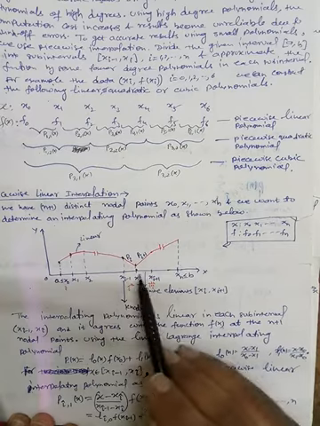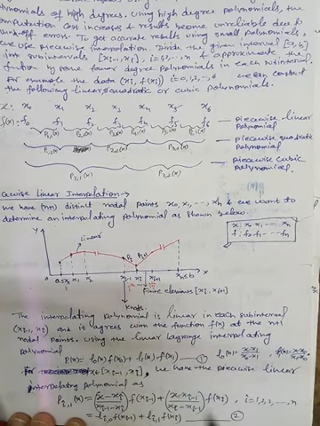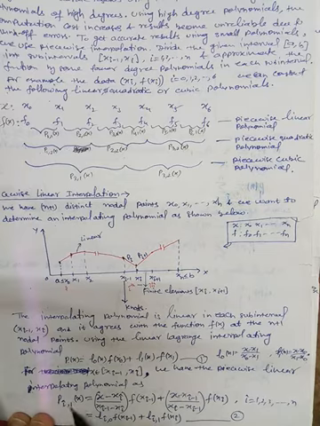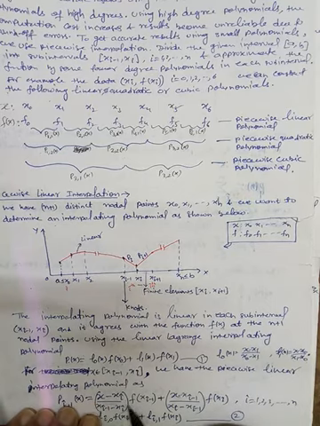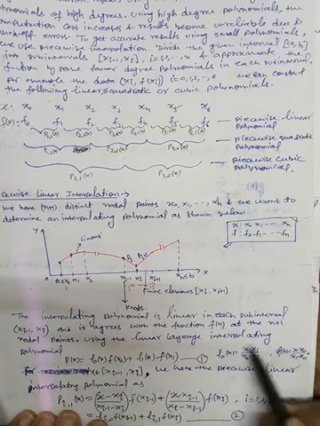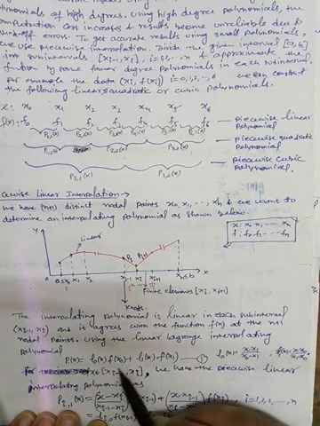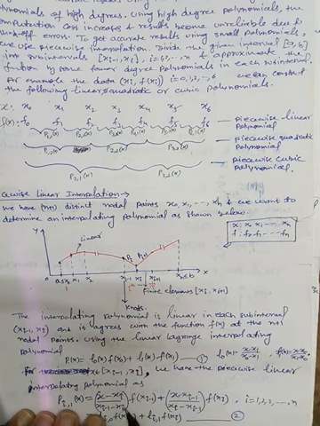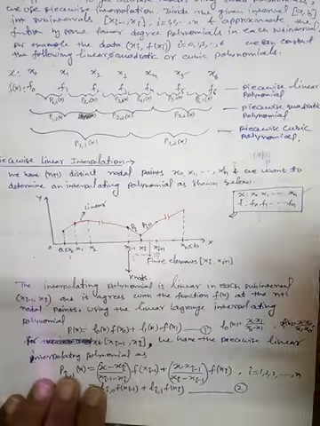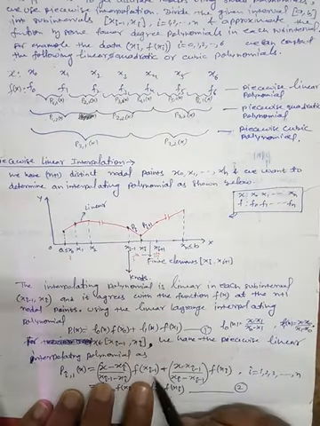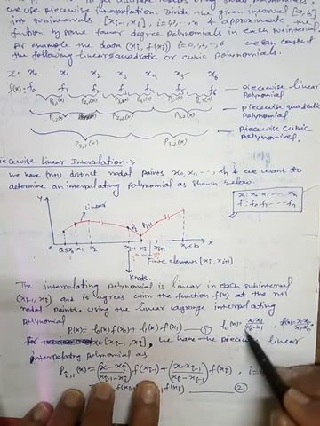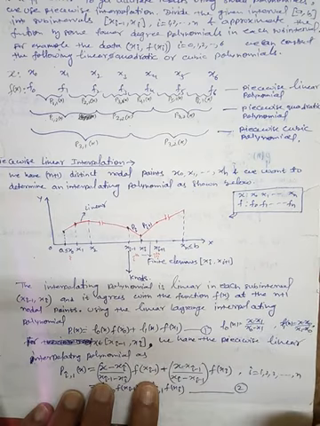Now if you are considering this interval, then the polynomial is p_i1 of x, where the 1 means degree 1 and i is the number. The fundamental polynomial is x minus xi divided by xi minus 1 minus xi. Based on this, just replace x1 by xi and x0 by xi minus 1. So we get this fundamental polynomial, which is L0 of x, multiplied by f of xi minus 1.